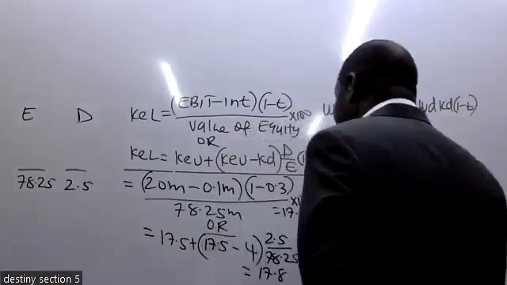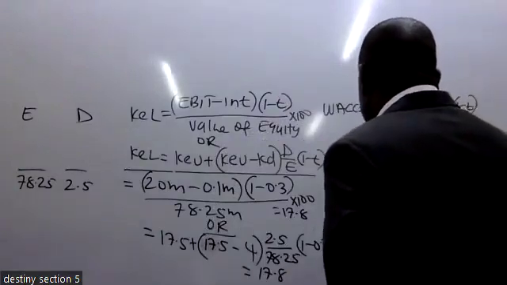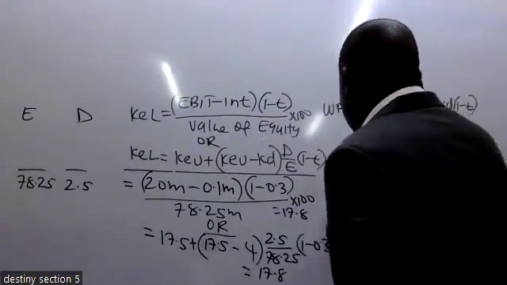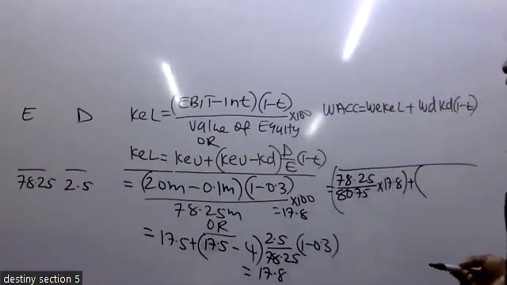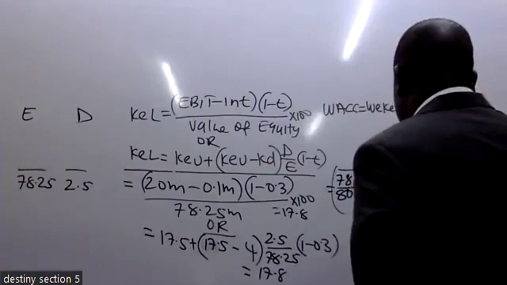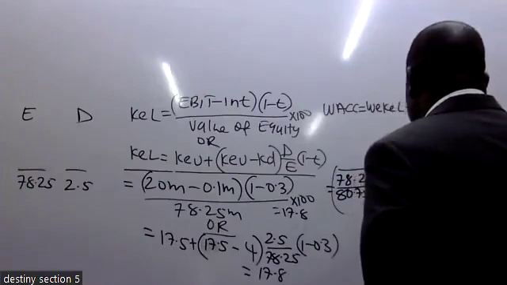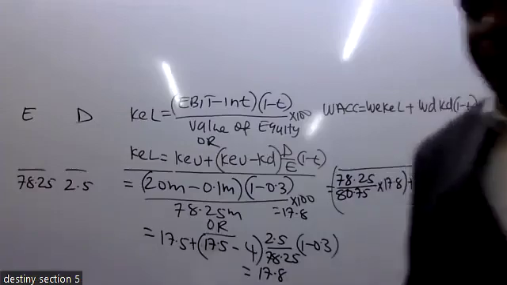Then multiplied by what is there as 18.8. Then also add now 2.5. Also divide by 80.75. So KD is given as 4%.